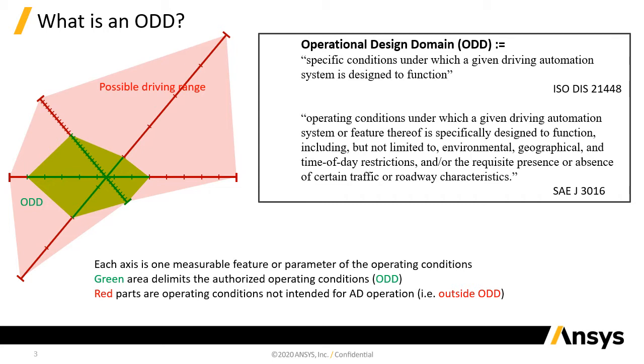So when I'm inside of the green cube, then I'm inside the ODD, and everything outside, the remaining red parts, are outside the ODD. So if allowed road types are highway and country road, but not city street, I'm inside the ODD for this dimension when I'm on a highway or country road, but I'm outside when I'm on a city street.